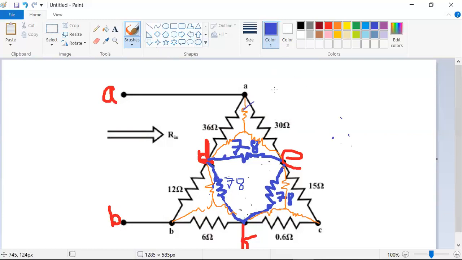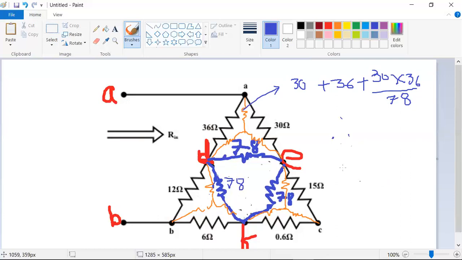First, this means 30 plus 36 plus, 30 into 36 by 78, right? 30 into 36 by 78, plus 30 plus 36.